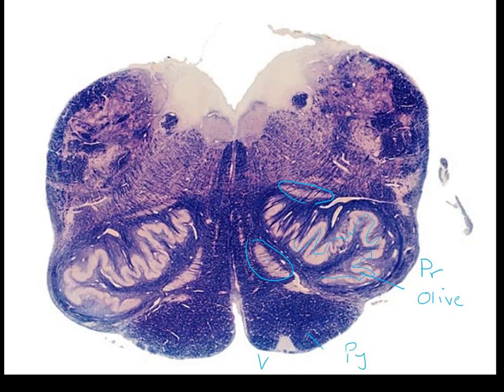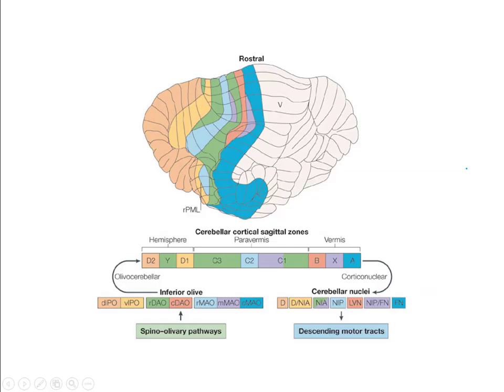See them? They look sort of olive-ish, but they're not connected. This is called the medial accessory olive, and this is called the dorsal accessory olive. And in fact, they are functionally distinct parallel circuits.